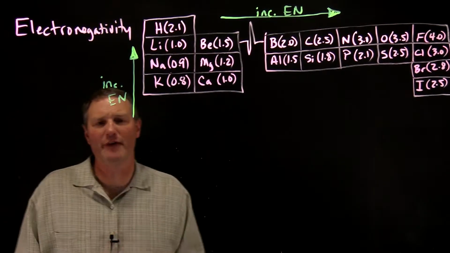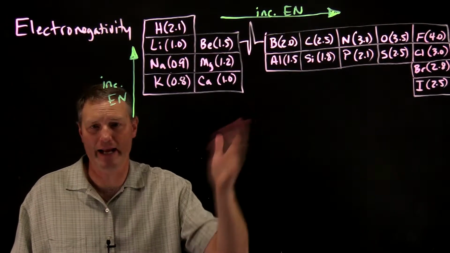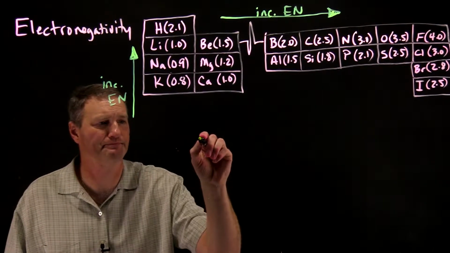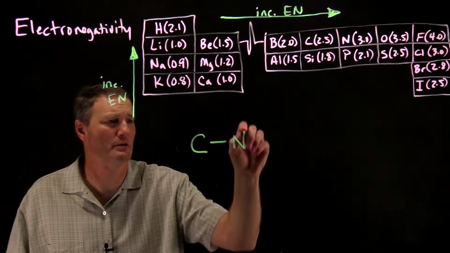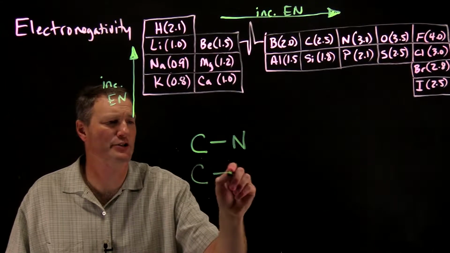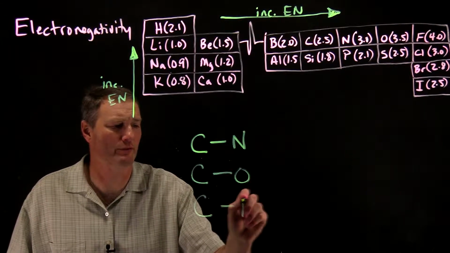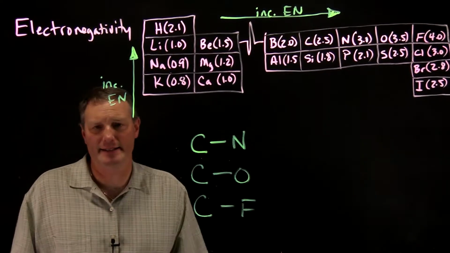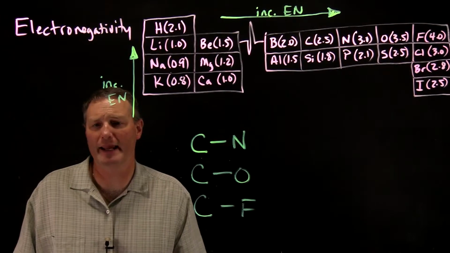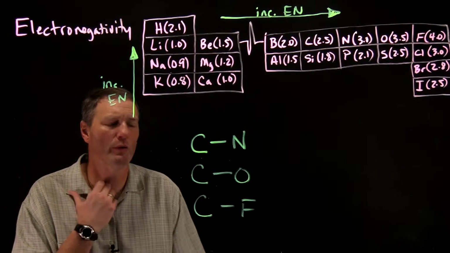So what's the effect of having a bond between different atoms? Let's say we had a carbon attached to a nitrogen, or a carbon attached to an oxygen, or a carbon attached to a fluorine. If I asked you to rank which bond was the most polar, what would we be looking at?